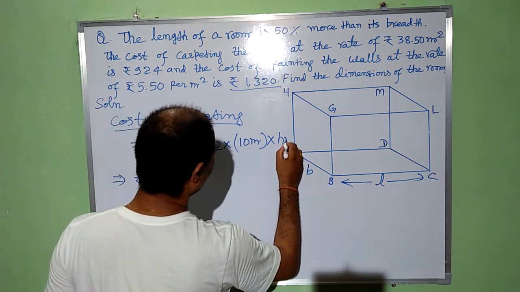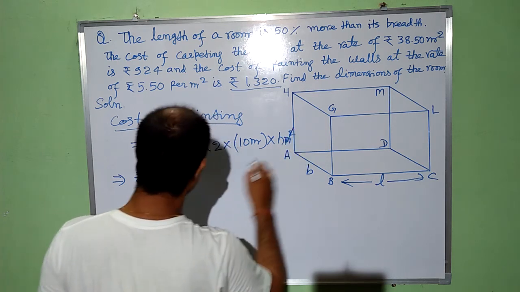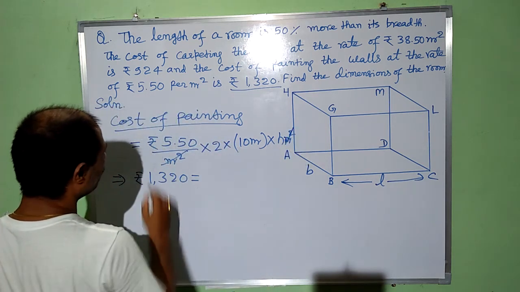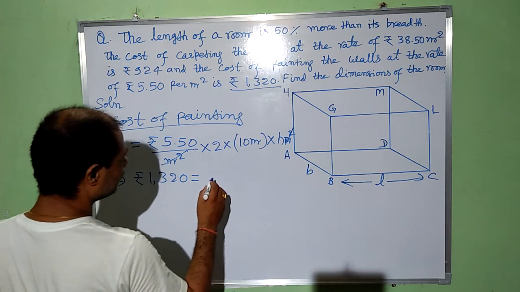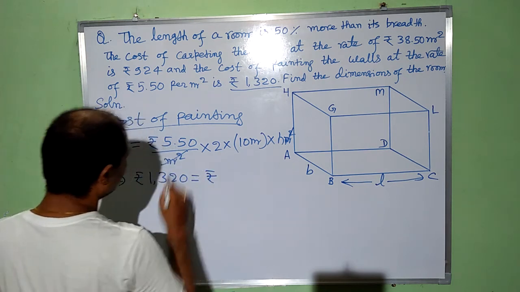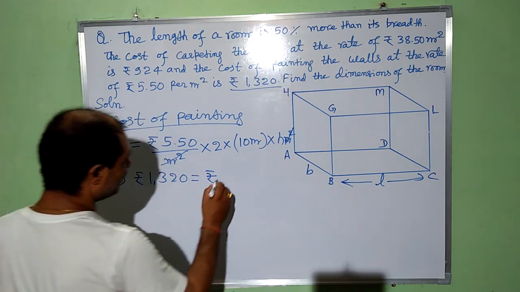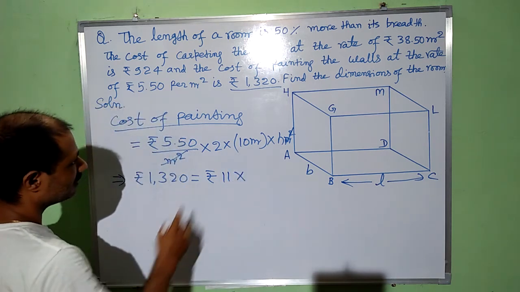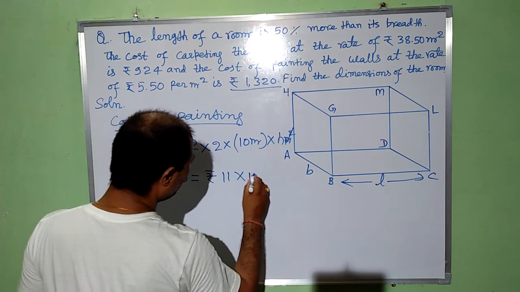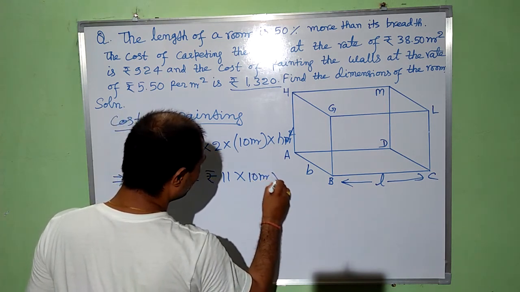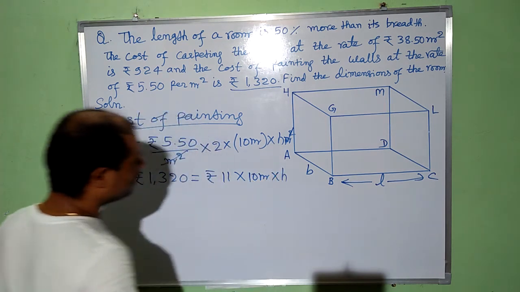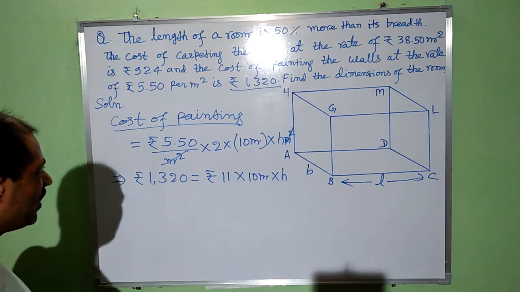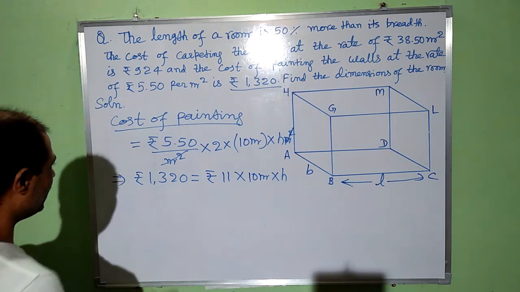Area is in meter square. Meter square will be cancelled here. 2 into 5.50, that is rupees 11. And this one is 10 meter, it is also a known part. And h, now only h is unknown, so this part will be calculated.